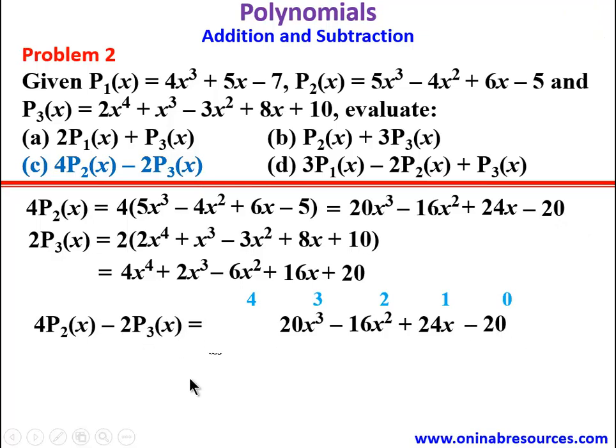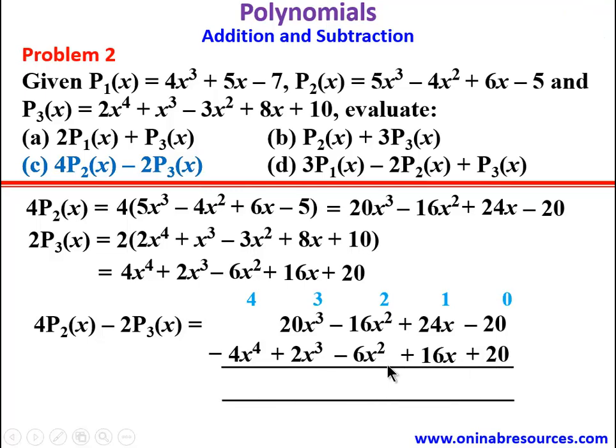So then minus, then we bring in 2P3 of x, which is 4x⁴, being the first term and the highest degree there is 4. It comes under 4, plus 2x³ comes under 20x³, minus 6x² comes under negative 16x², 16x comes under 24x, and 20 comes under negative 20.